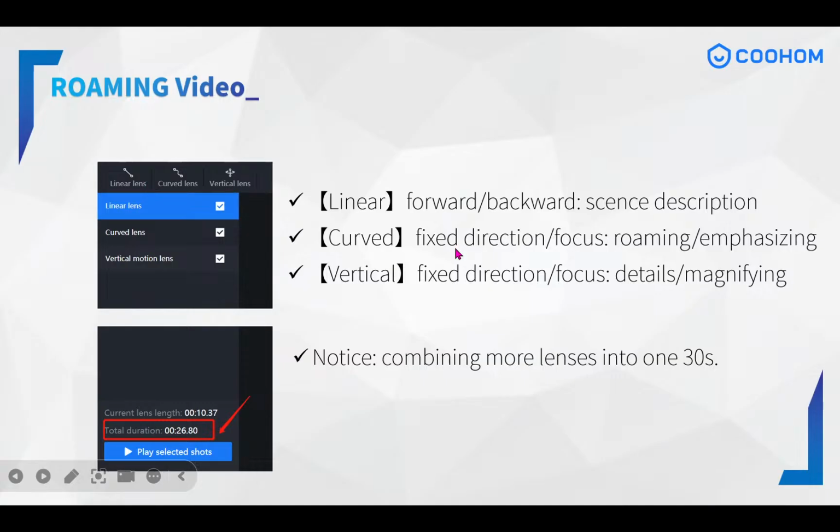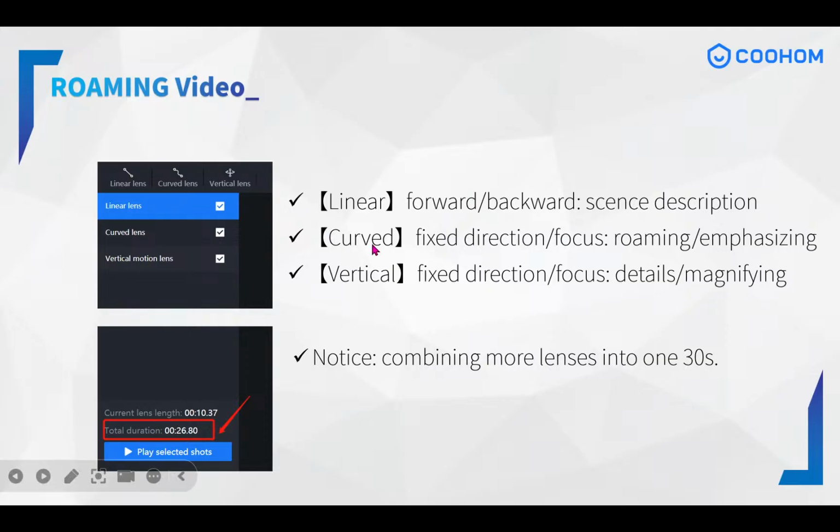For the curved, actually it's good for roaming and emphasizing. You can stay more focused on a certain detail or interesting point. And for the linear, just do some scene description, for example, to introduce the client to access the space, the design space. So you can have these two.